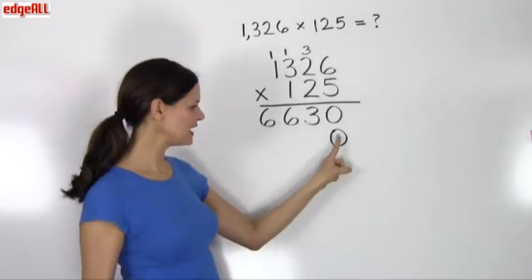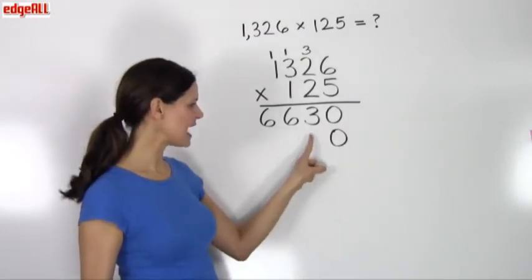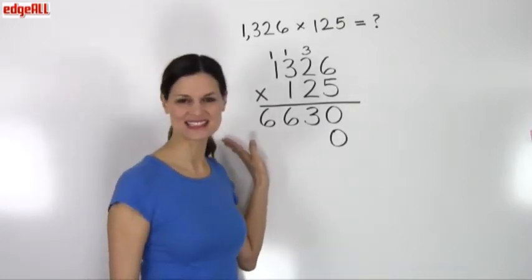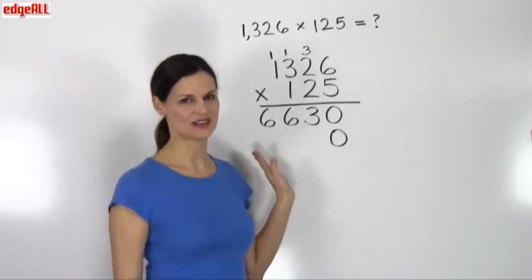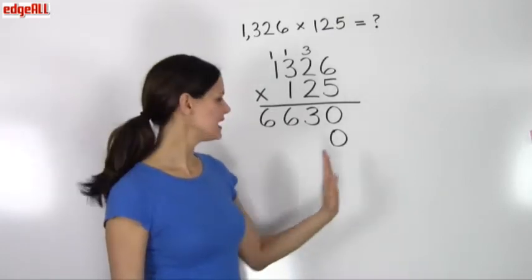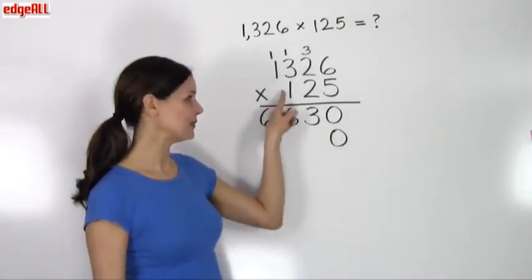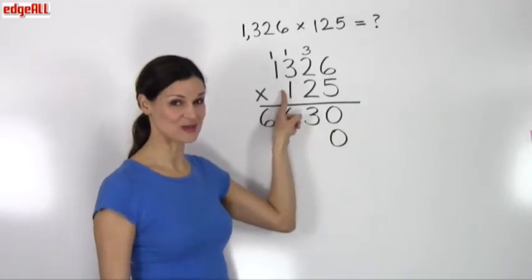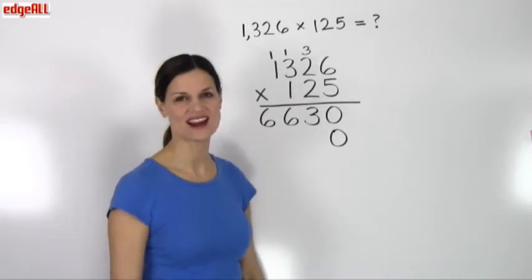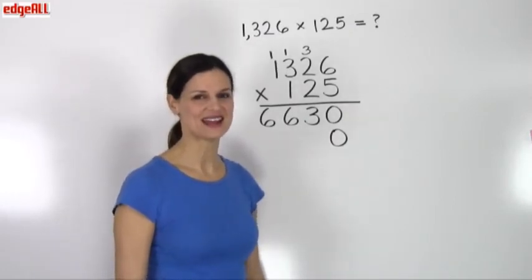And so by putting this 0 here, I'm now starting over here and working in the tens place. It's very important that you remember always to place these zeros. And so in this case, we're going to put 1 0, but be careful when we get over here to work with the 1 in the hundreds place, we're going to put 2 zeros there. So watch as I do that.